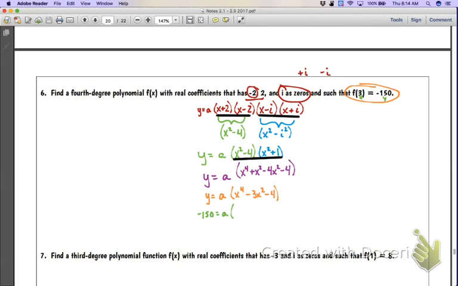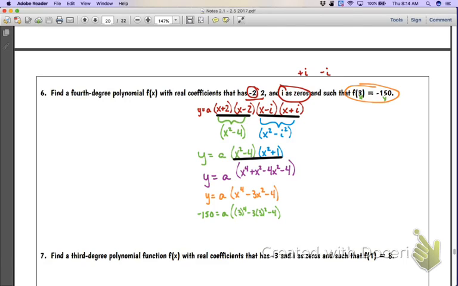Now in here, I'm going to have 3 to the 4th power minus 3 times 3 squared minus 4. So 3 to the 4th is 81. 81 minus 27 minus 4.